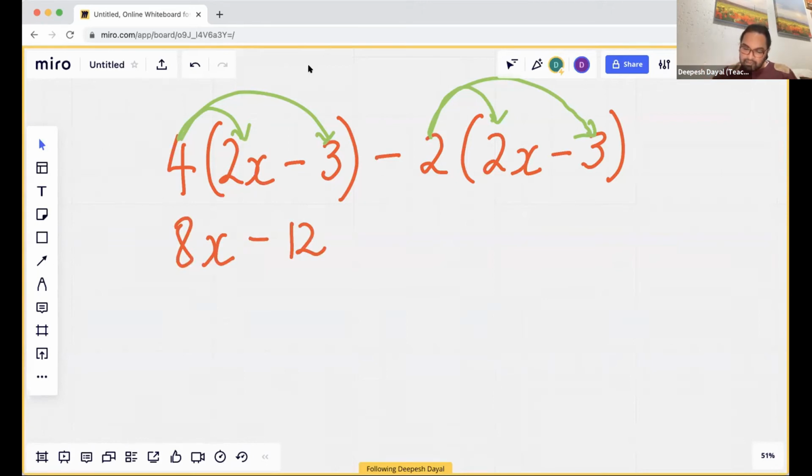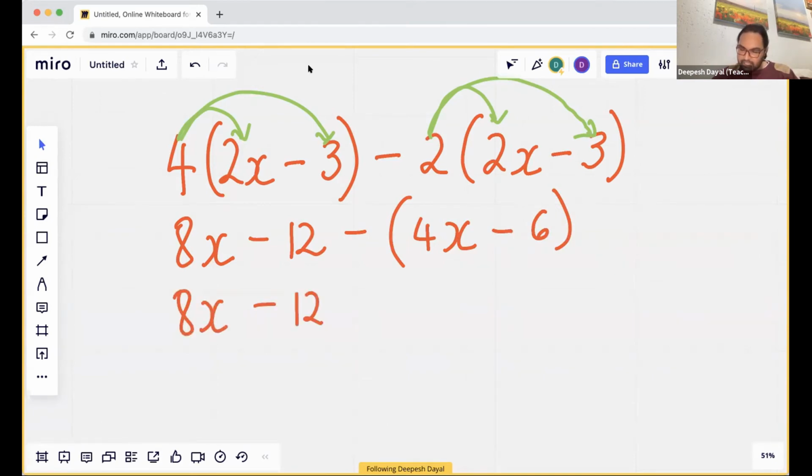I'm going to put a minus here, and I'm going to say 2 times 2x, which is 4x, and 2 times minus 3, which is minus 6, right? And then we use our integers. So we're going to say 8x minus 12. Remember the minus, you say minus 4x. And then you've got a minus and a minus here. So minus and a plus gives you minus. Minus and a minus gives you plus 6, right?